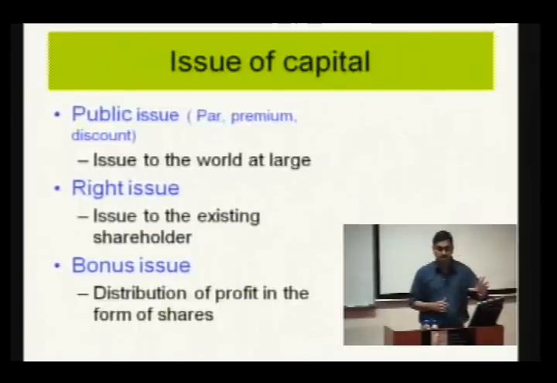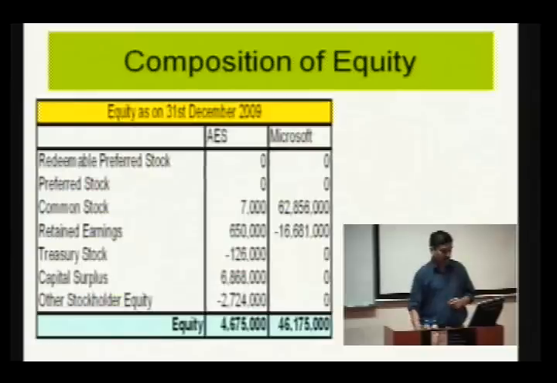It can be an initial public offer or a subsequent public offer, but in this case the shares can be issued at a par or at a premium or at a discount. If the shares are issued at a price higher than the face value, then you call it share premium, which is generally shown as the capital surplus in the US companies. In Indian companies, you more call it a share premium.